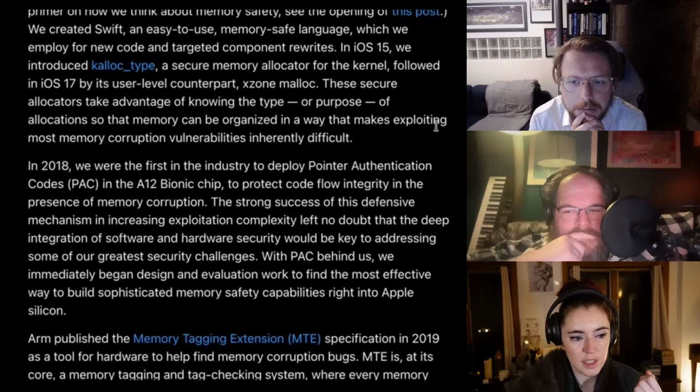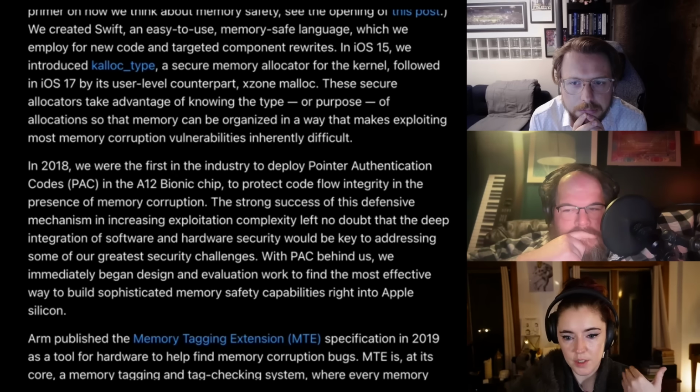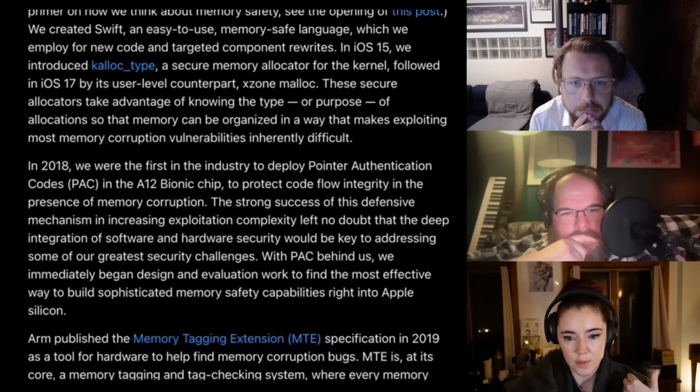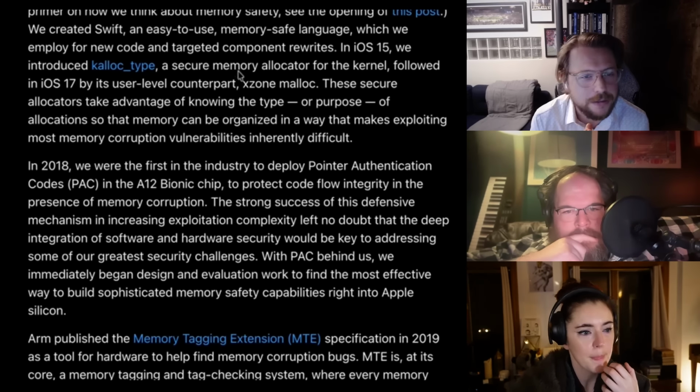So I think this is the stuff that's getting backported to earlier devices if they can support iOS 15 and 17. Well, it already exists in those devices, so it's not really getting backported. Kalloc type is basically an allocator that looks at the structures that are used in the kernel and then generates a type signature based off of the layout of the various fields in the struct itself.